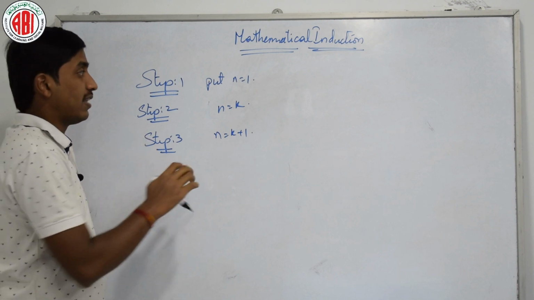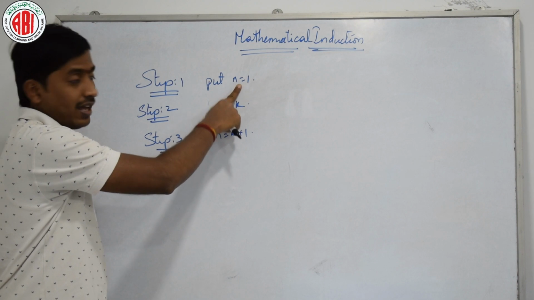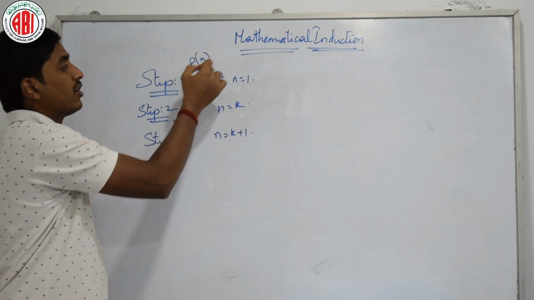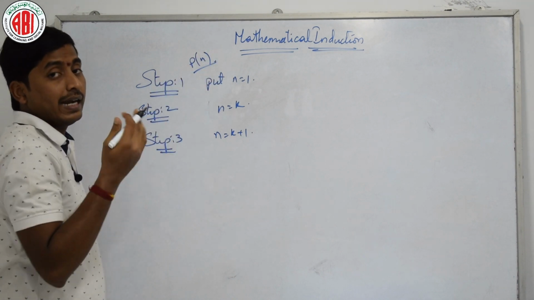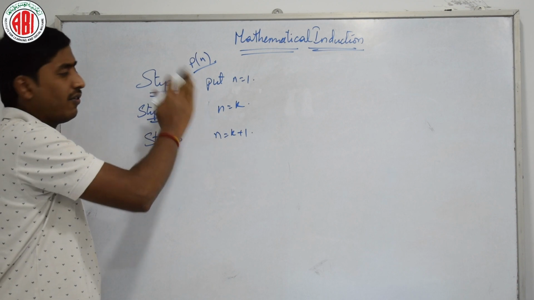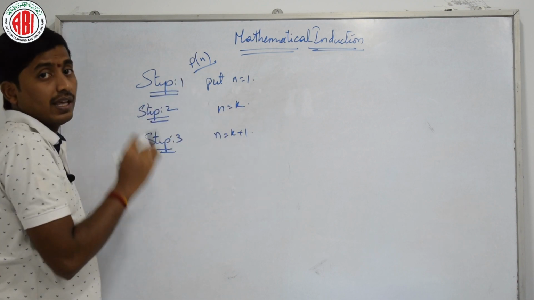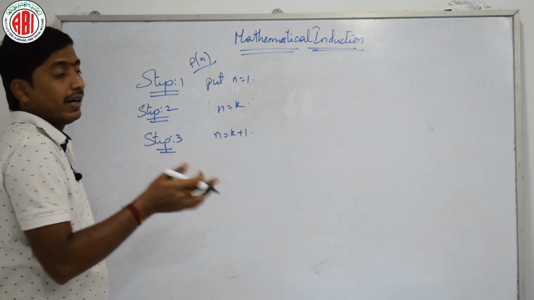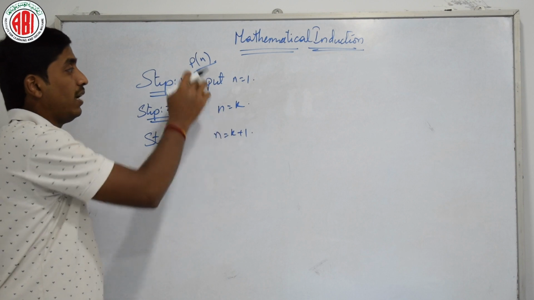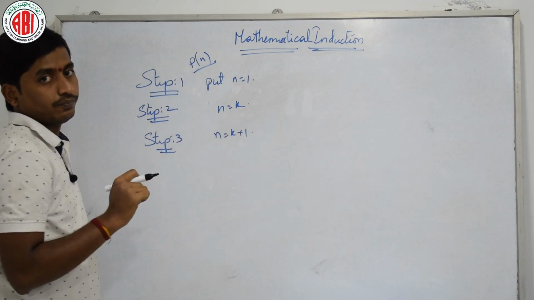Which means, initially for n is equal to 1, the statement p of n should be true. And in the second step, by hypothesis, we assume that this statement is true for this value. Then we have to predict a particular value k plus 1, so that this should be true for n is equal to k plus 1.